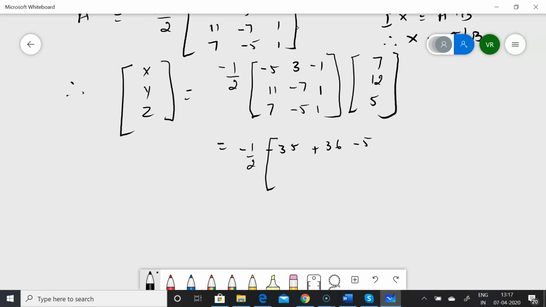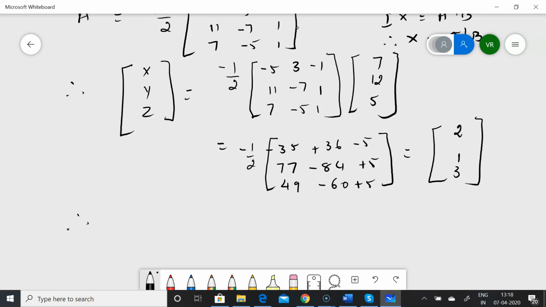Next is 77 minus 84 plus 5. The last one is 49 minus 60 plus 5, which is equal to 2, 1, 3. Therefore, x is equal to 2, y equals 1, and z is equal to 3.